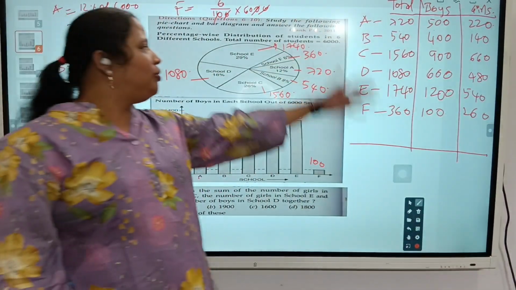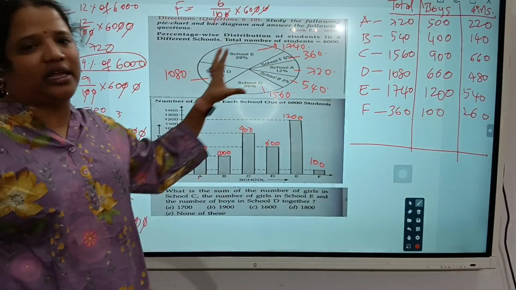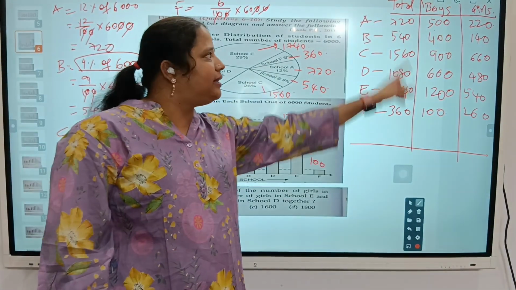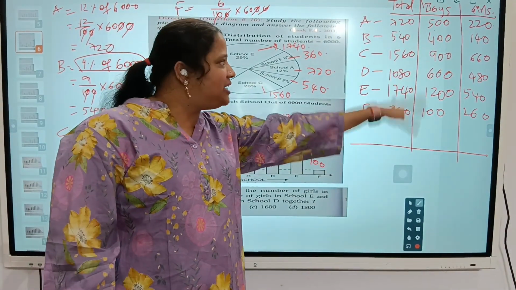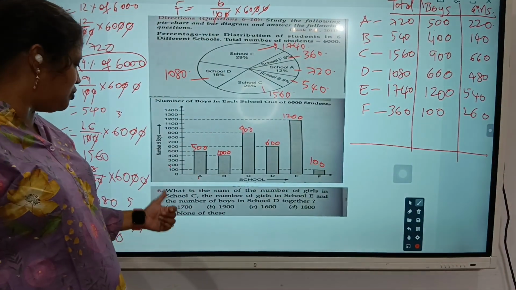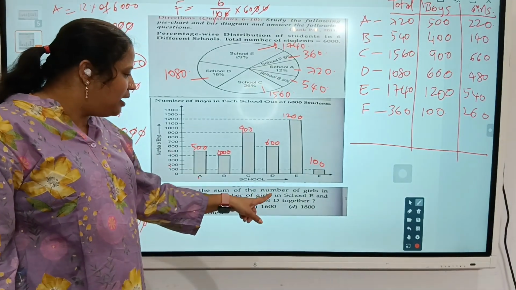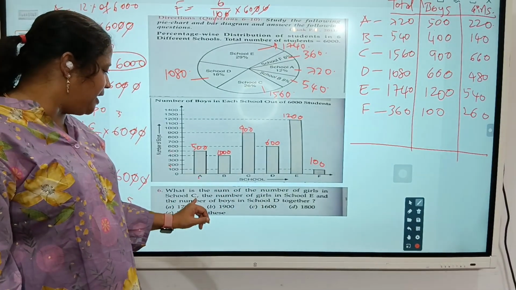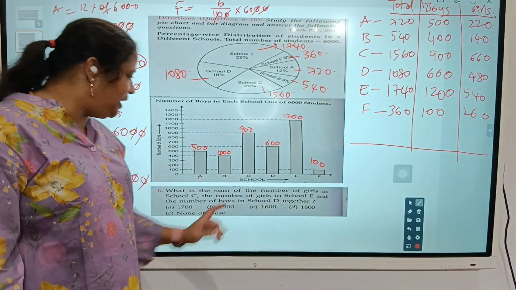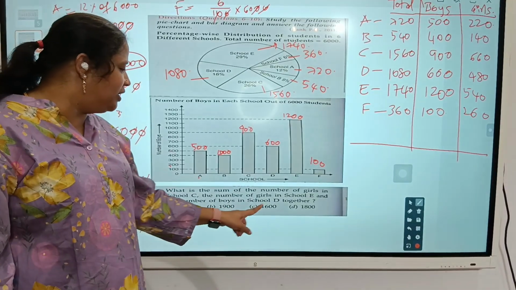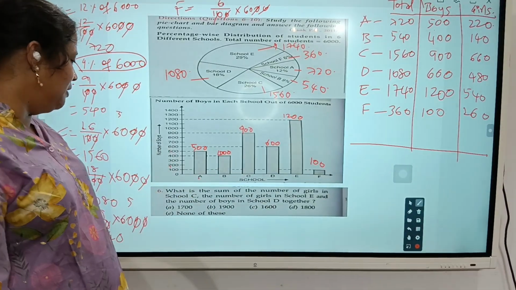Now you have calculated how many students are there in each school, and how many boys and girls. Based on this data, we have to solve the questions. What is the sum of the number of girls in school C, the number of girls in school E, and the number of boys in school D together?